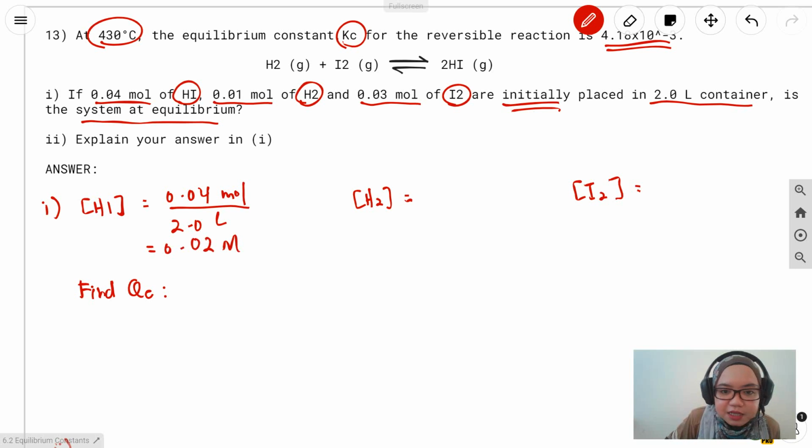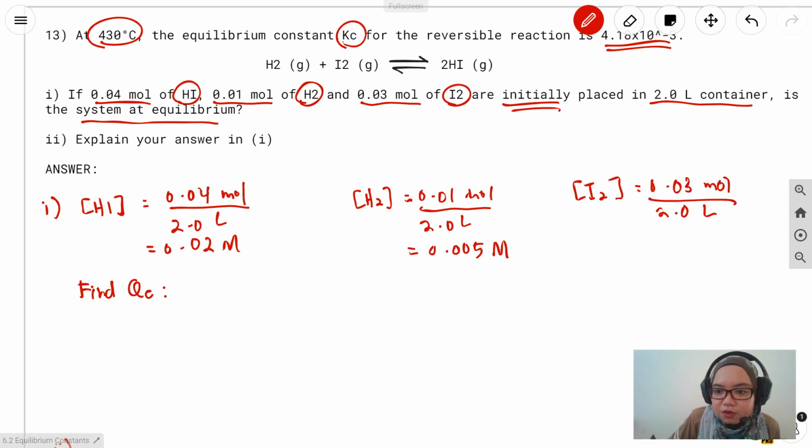This one, hydrogen gas, 0.010 mole divided by 2.0 liter, we will get 0.005 molar. This one is 0.03 mole divided by 2.0 liter, we will get 0.015 molar. So after we get this, we can find the Qc.